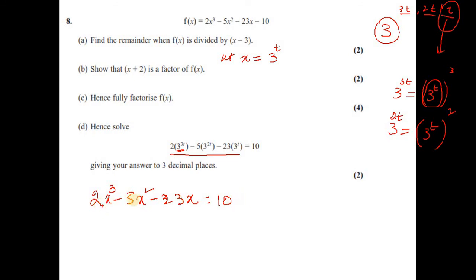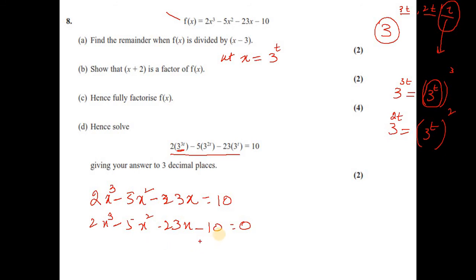So now if you see this, the equation has transformed as per the given polynomial. So you can rewrite this as 2x cubed minus 5x squared minus 23x minus 10 equal to 0.